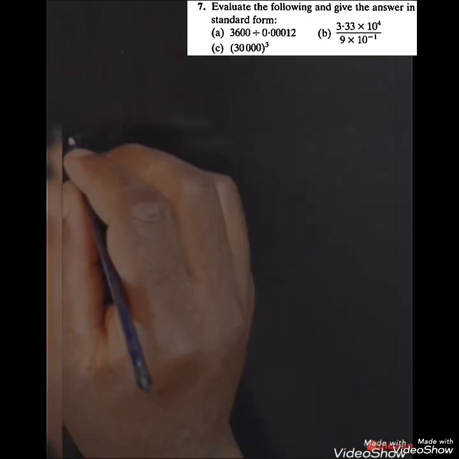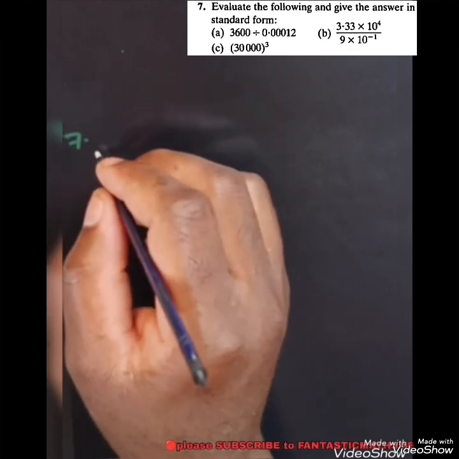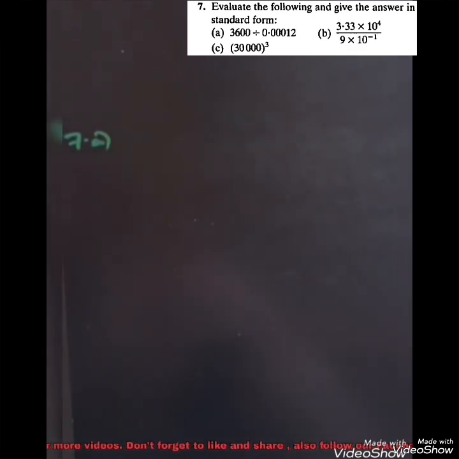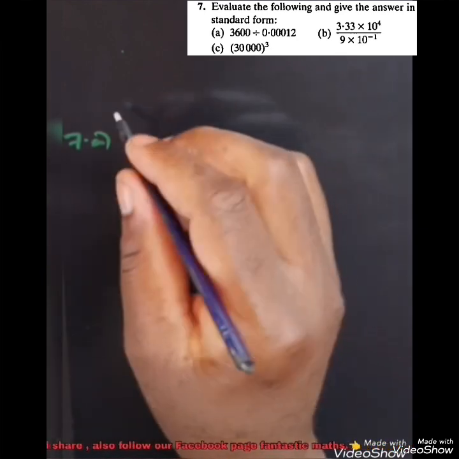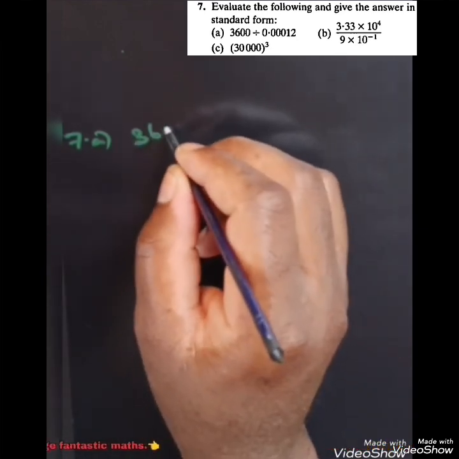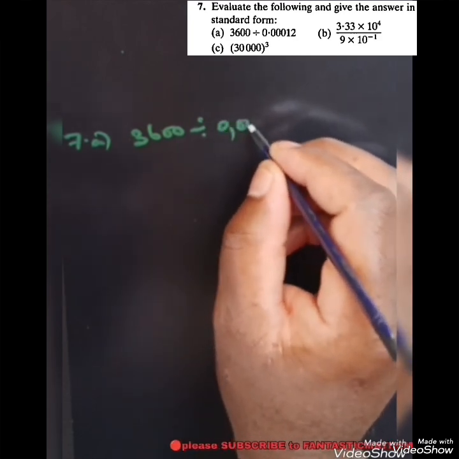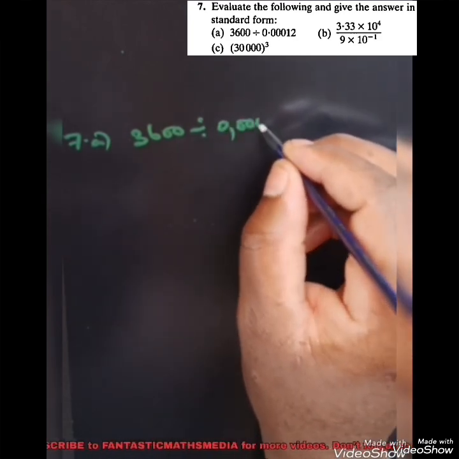Evaluate the following and give the answer in standard form. Part A: 3,600 divided by 0.00012.